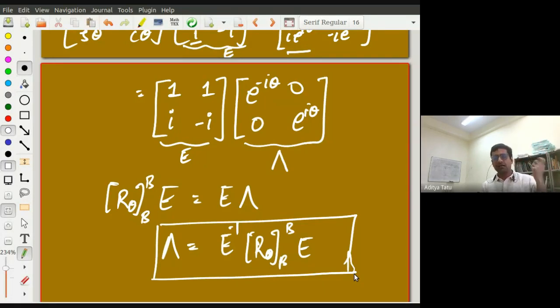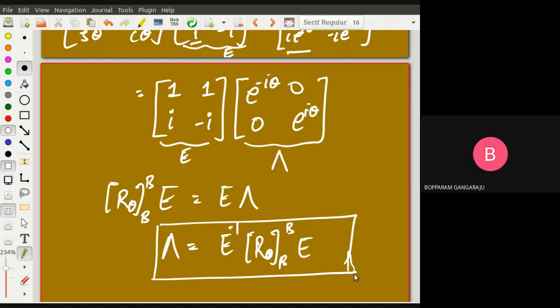Remember when we started out with this matrix representation of linear operators, we said that if I really want to understand what that matrix is or what that linear transformation is doing, I would always prefer a basis which is going to give me a diagonal matrix. Is that right? Sir, could you repeat it?